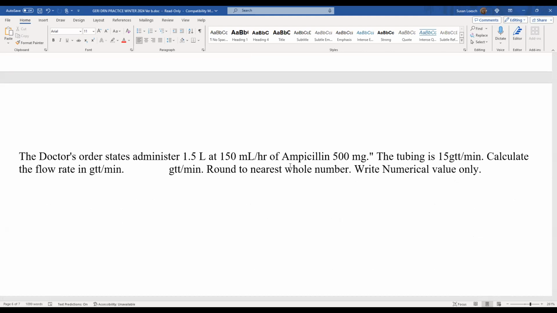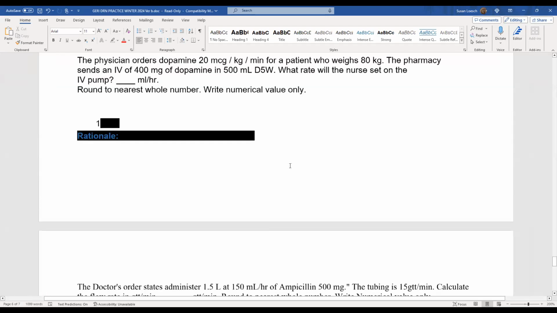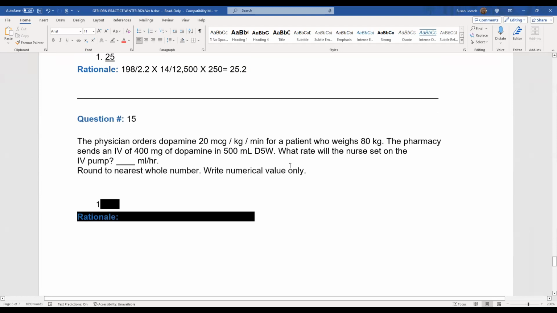You should automatically know that. These questions are always rounded to the nearest whole number. But if I didn't put that on there, you know how many people would get these wrong? But I try to be as fair as possible. All right, let's move on.